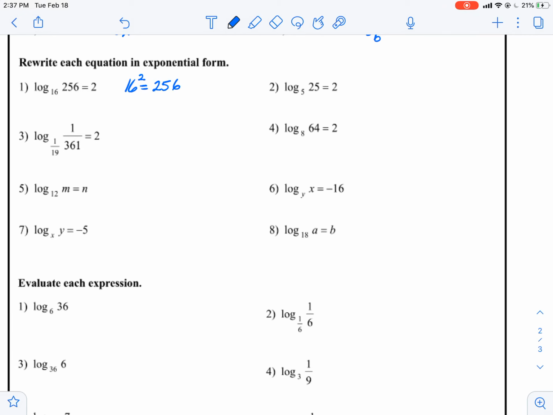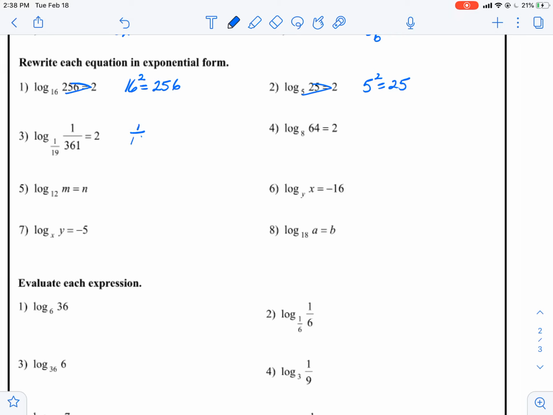And again, you can come up with some kind of an acronym if you need to, but this one I think makes more sense. 5 squared equals 25. That would be our translation, okay? I usually say it, we just do this, okay? Kind of like a greater than sign.